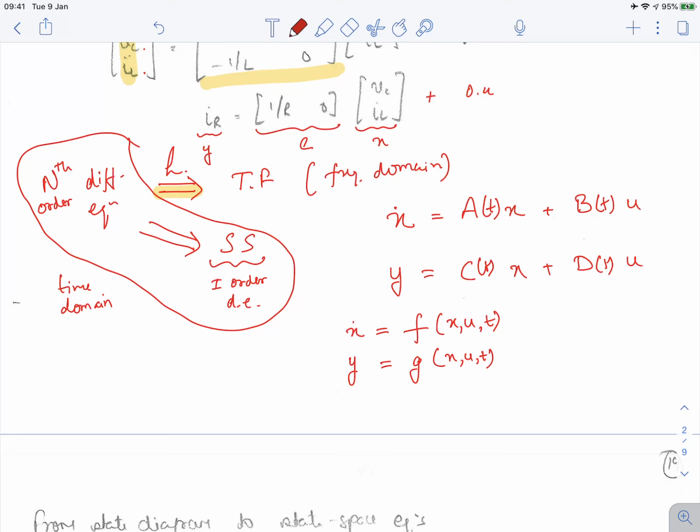Now if this map function, f and g, are linear with respect to the system variables, then I will have a linear system. And if it's some non-linear combination, then it would describe a non-linear system. Here f is a vector valued function, in the sense that if I have x as x1 and x2, then I would have f as two functions f1 and f2, again as functions of x, u, and t.